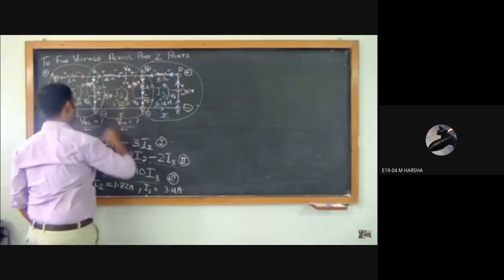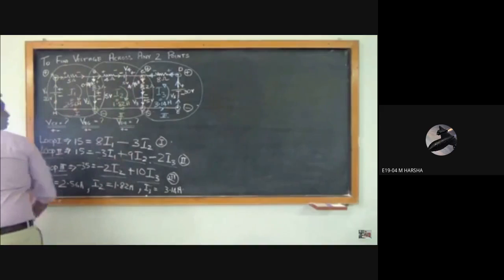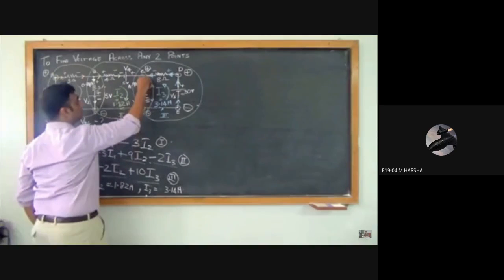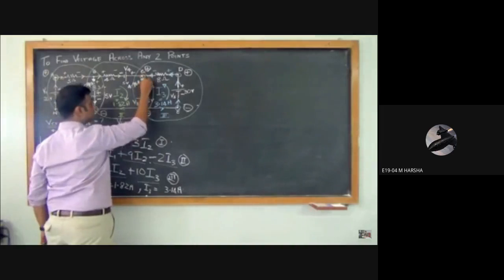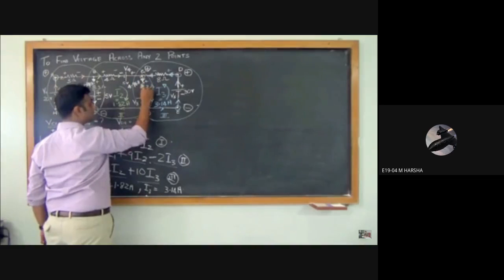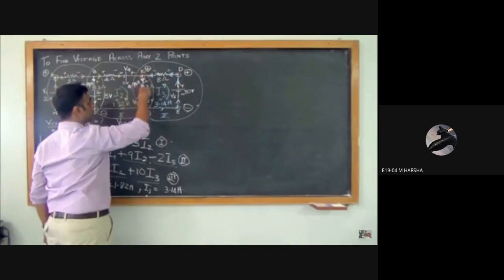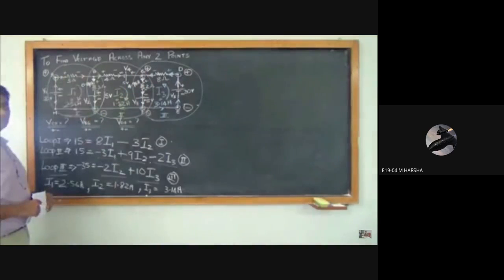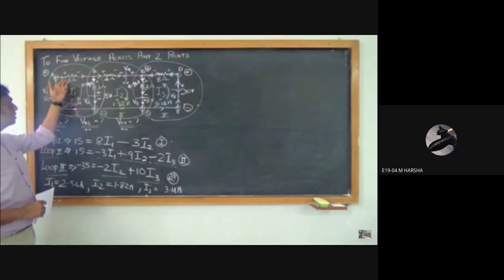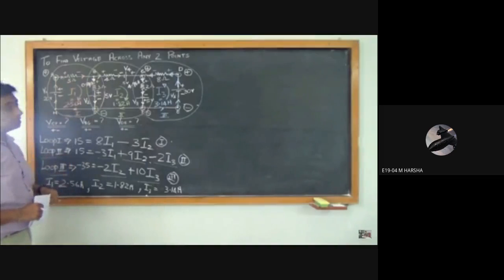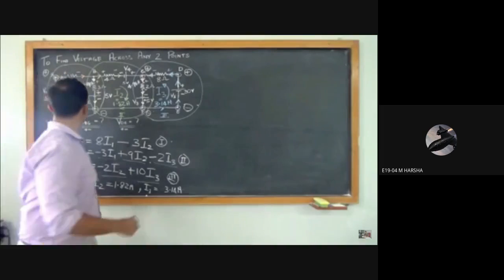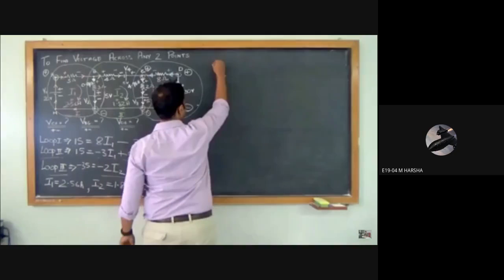Now again, here the first terminal the current touches becomes positive, and the second terminal becomes negative. Now once we have found the current through each resistor and assigned its polarities, we can move on to the next step, to find the voltage across any 2 points.